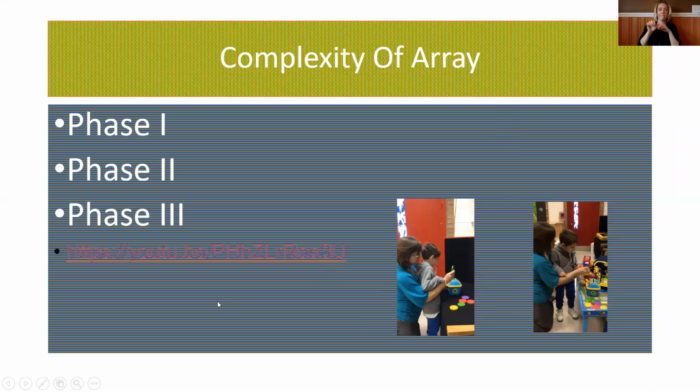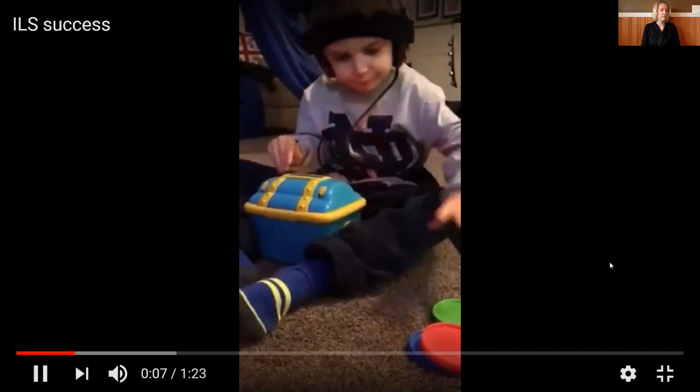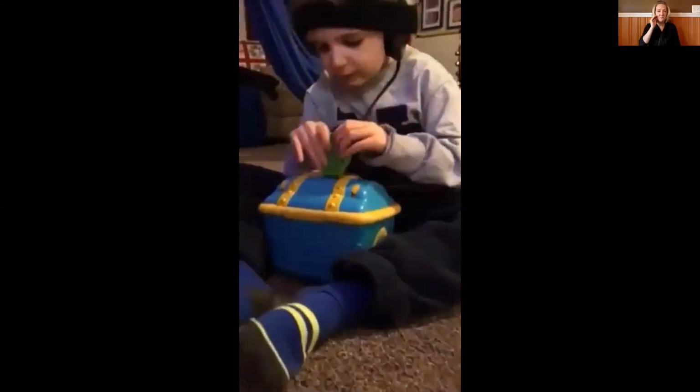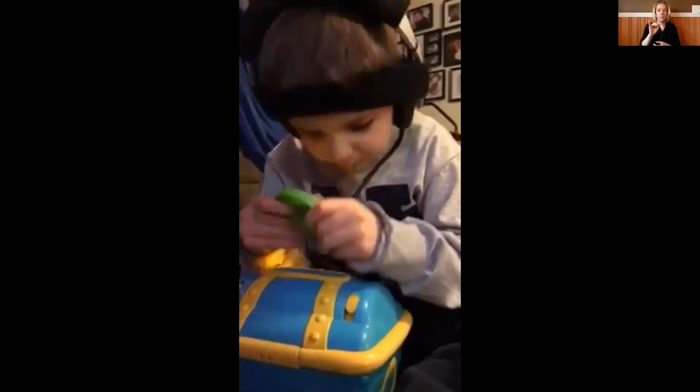I'm going to show you this. It's the Ben Myers day. I love this kid and his mom, and so I'm going to show you the same object with different types of array. So here's Ben at home. His little coins are presented on a simple background, the carpet, one single color.